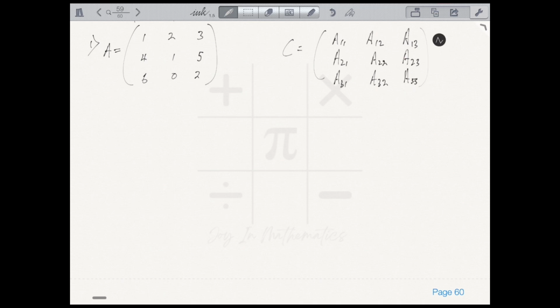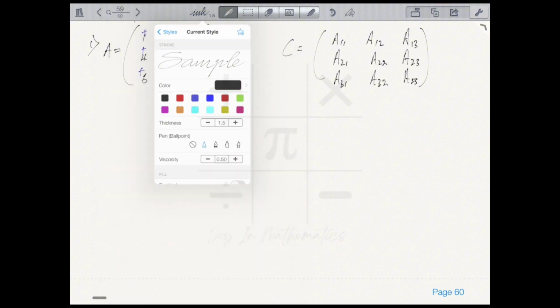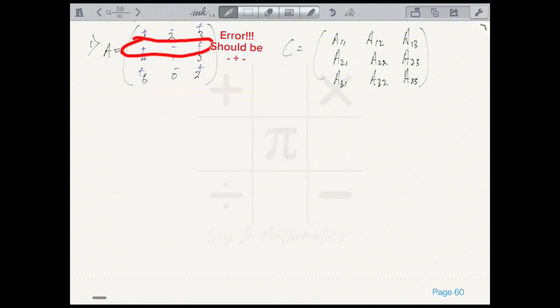The next thing we do is add the place signs, please: positive, negative, positive, positive, negative, positive, positive, negative, positive. With that done, let us now evaluate the cofactors.